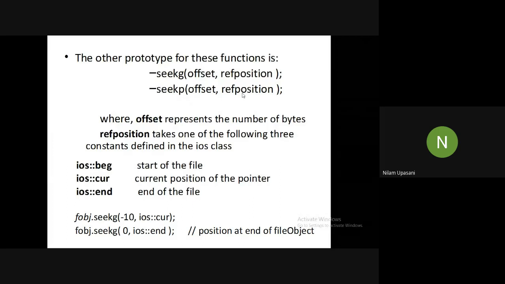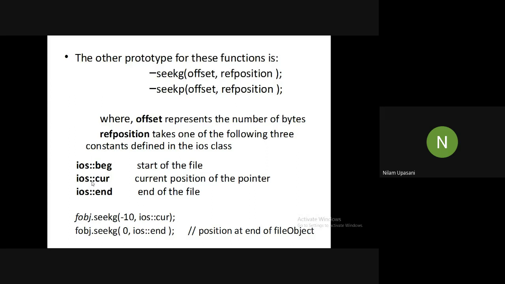And you can make the pointer move to that particular position. The offset represents the number of bytes, and the reference position can be one of these: from the beginning, from the end, or from the current position. Only these three are the options for reference position, and they have to be given in this format because these are declared in iOS.